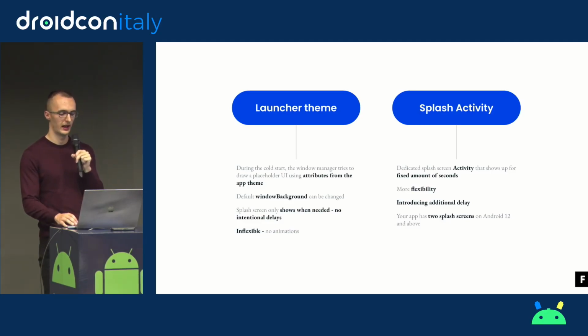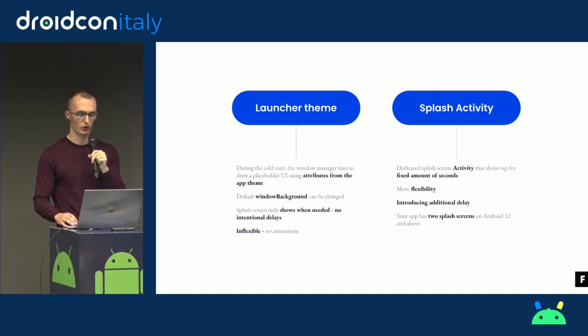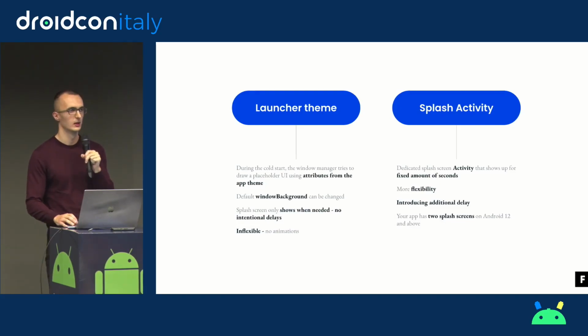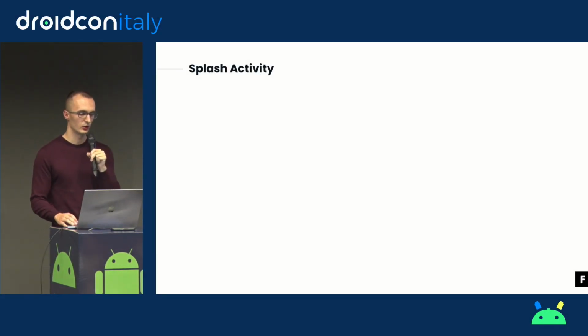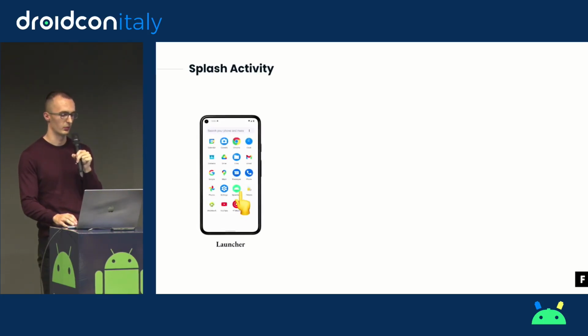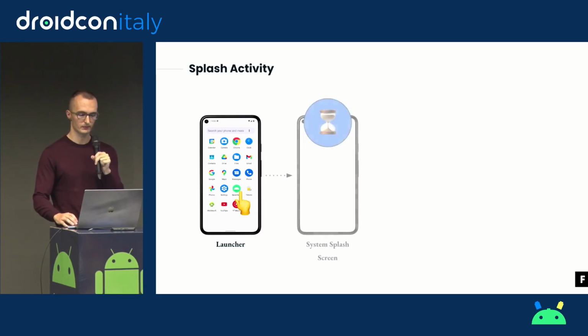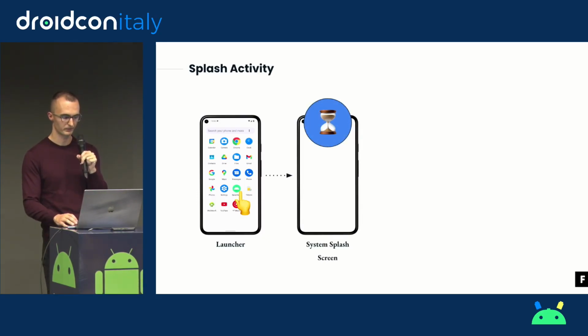And on Android 12 and above, if you have a custom splash activity, your app will have two splash screens. Let's take a look at an example. Let's say you have a custom dedicated splash activity and you run your app on Android 12 or above. The user taps the app icon, the app starts to load, and the system splash screen is displayed.